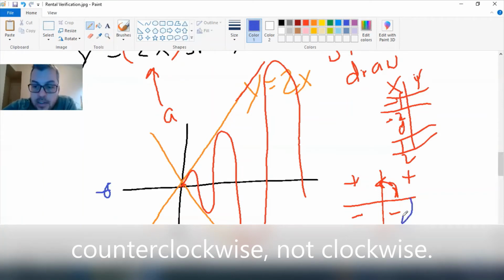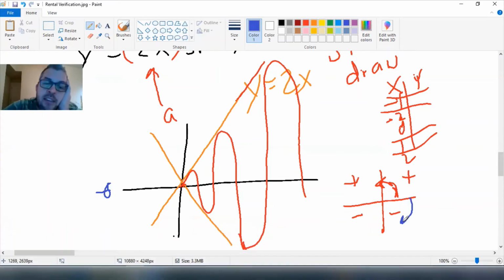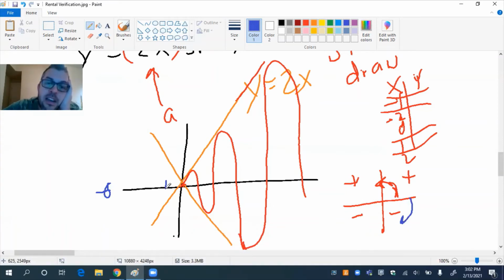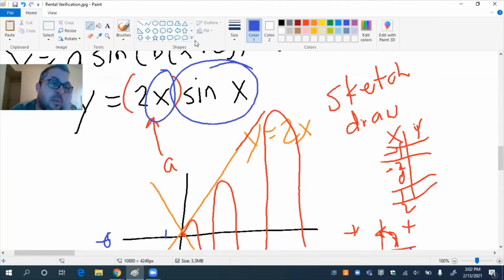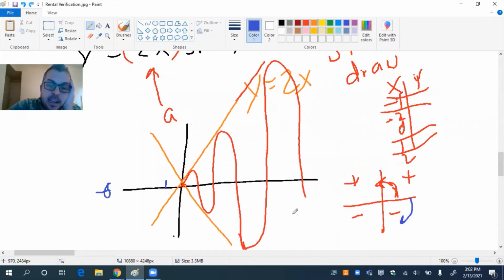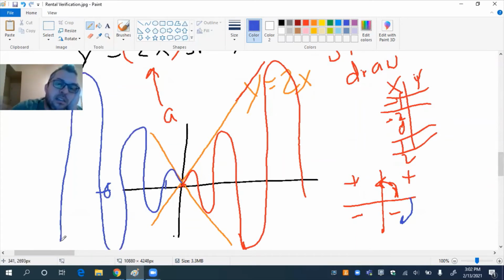Then I'm rotating this way, which would mean it's negative. Now also, if I plug in a negative x value, then that's going to give me a negative here times a negative here, which is a positive. So on the other side, we're going to get a graph that's going to be sort of the mirror image. Right, so that's what the graph looks like.